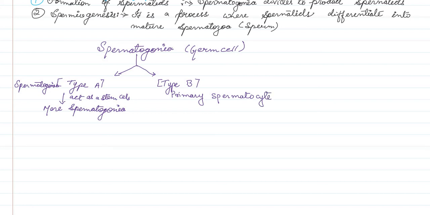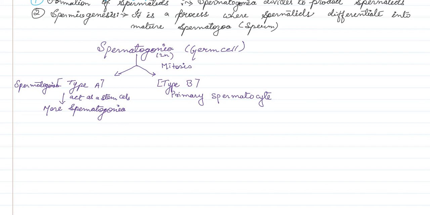Okay, type B is primary spermatocyte, and here the chromosome number will be the same. Suppose this one is diploid.